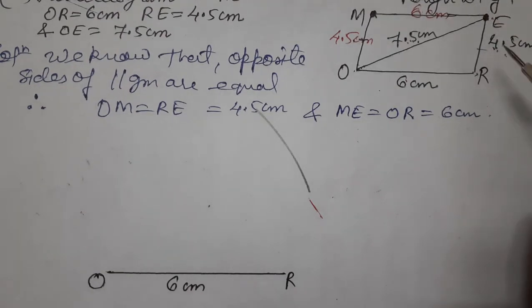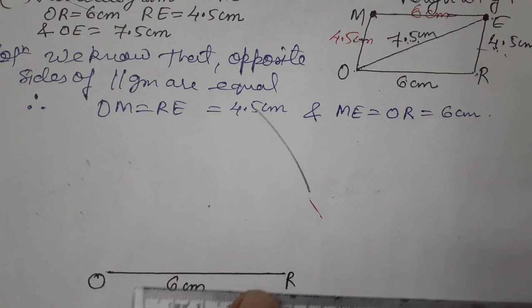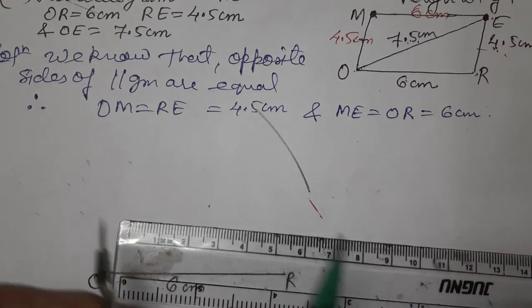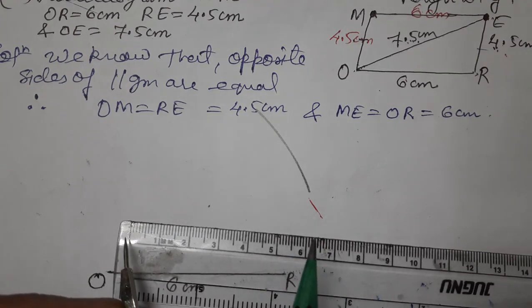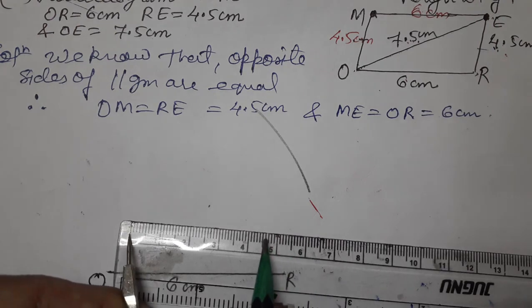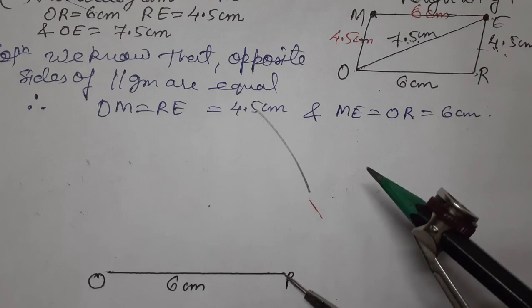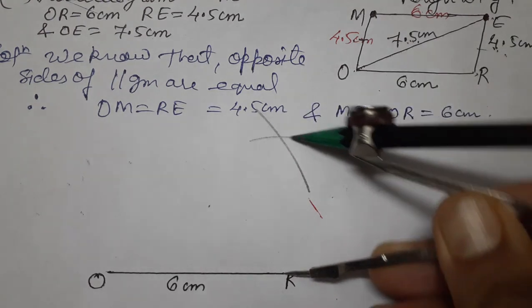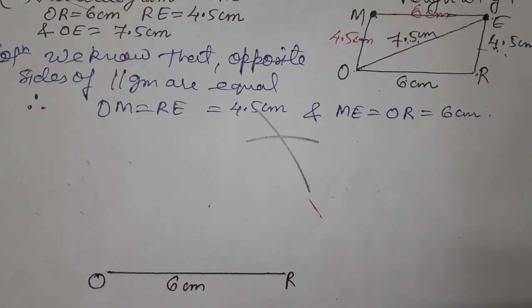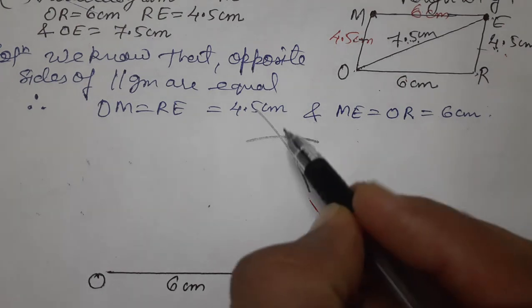And R to E is 4.5. So now take the measurement R to E, 4.5. So this is 4.5, R to E. So we got the first point. This point is E point.